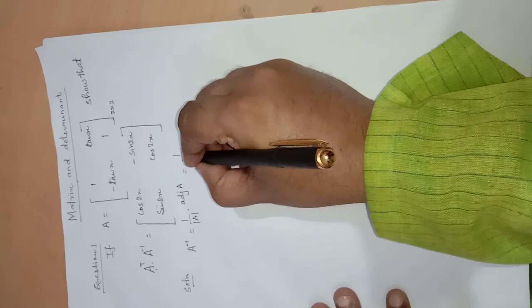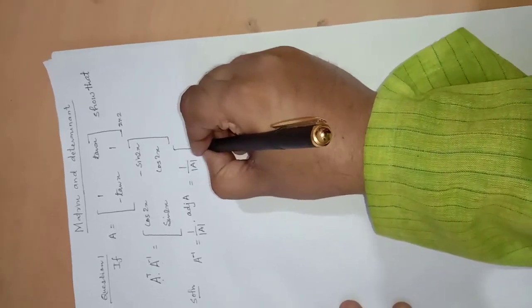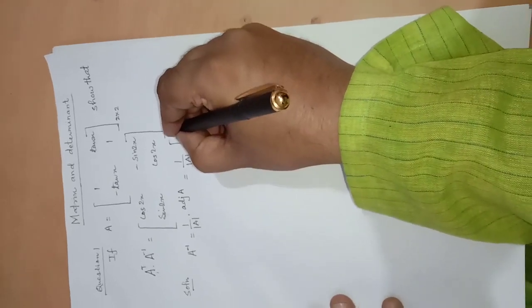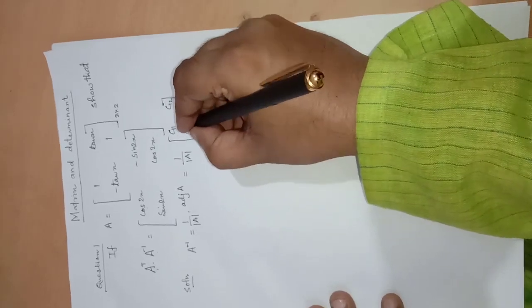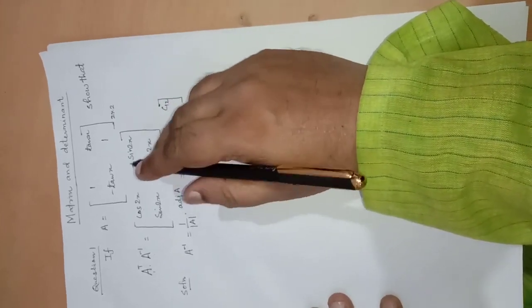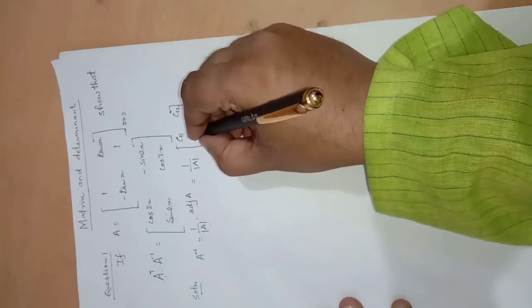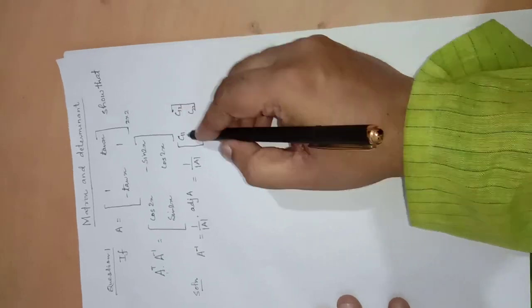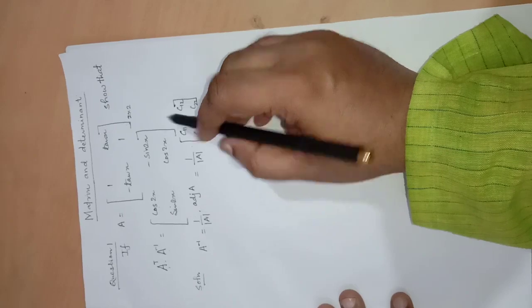The adjoint of the matrix is the cofactor matrix obtained by taking the cofactor of each corresponding element of matrix A. So suppose I am representing C11, C12, C21, C22 as the cofactors.